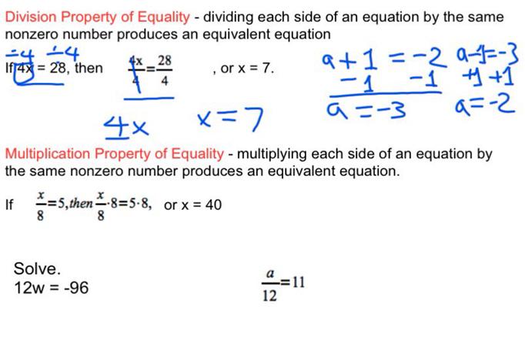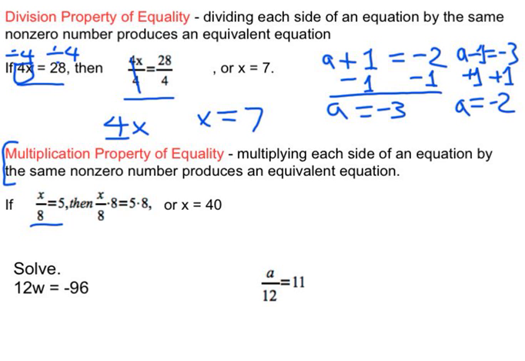And the same sort of idea is happening when you're solving things with multiplication. In this case here, what you have is the multiplication property of equality. Multiplying each side of an equation by the same non-zero number produces an equivalent equation. So again, in this case, what you have is x divided by 8 is equal to 5. You're not looking for x divided by 8. You're looking for x.